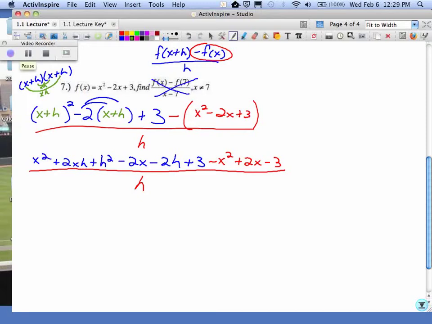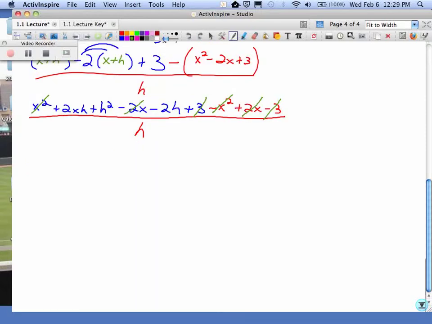I see a positive x squared and a negative x squared, a negative 2x and a positive 2x, a positive 3 and a negative 3. So I have 2xh plus h squared minus 2h all over h.